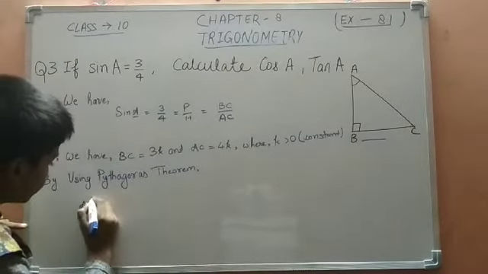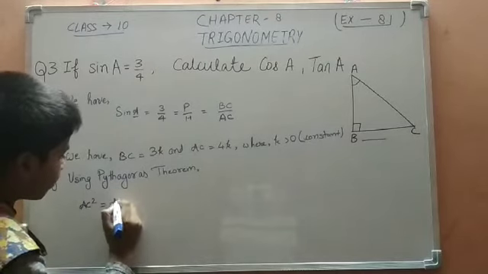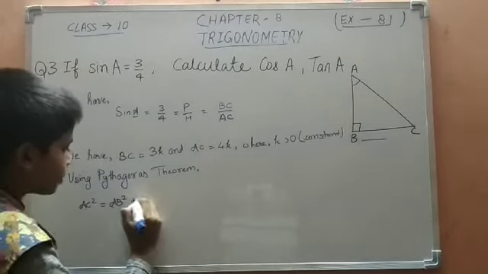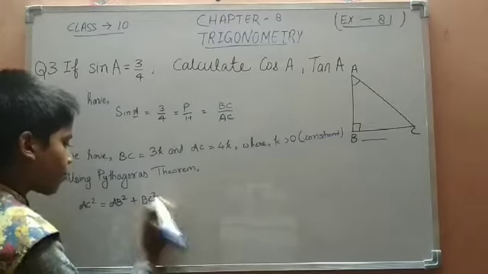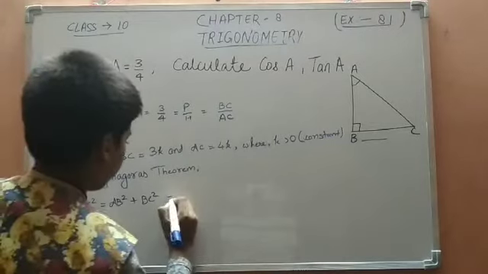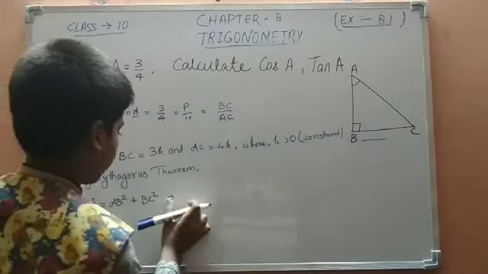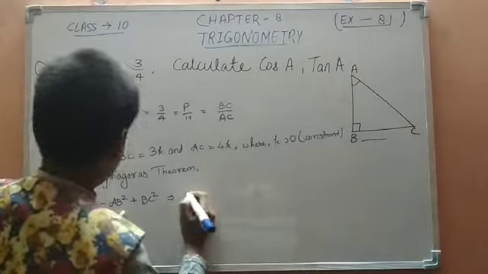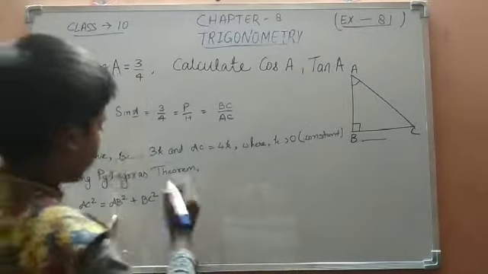Square of AC is equal to square of AB plus square of BC. We have to find the length of AB.